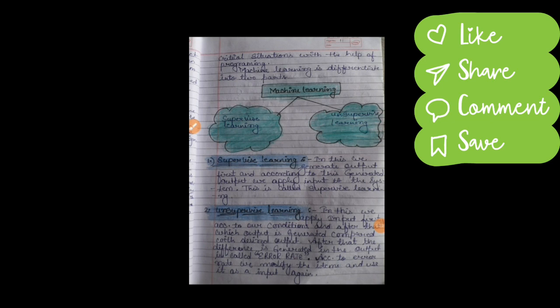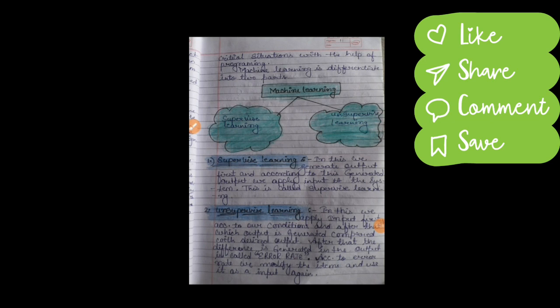And next we have unsupervised learning. So what is unsupervised learning? In unsupervised learning, algorithms are not given labeled training data to learn the relationship between the inputs and the outputs, and there is no supervision on any kind of data. That's why we call this unsupervised learning.